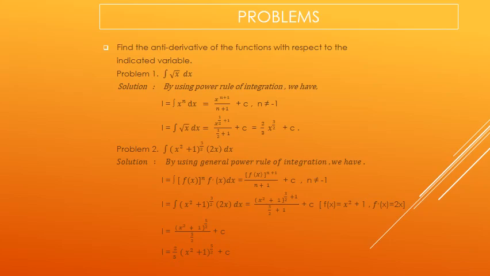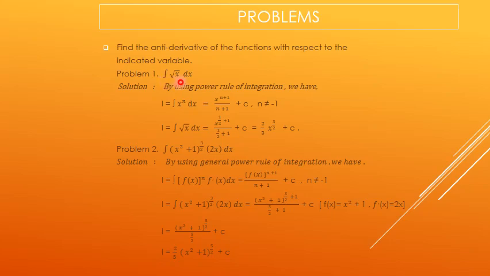By using the power rule of integration, we have x^n dx, x^(n+1) over n plus 1 plus c, and n is not equal to -1. Problem number 1 is in the condition of the power rule of integration.